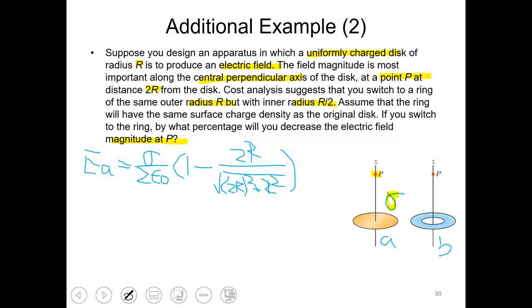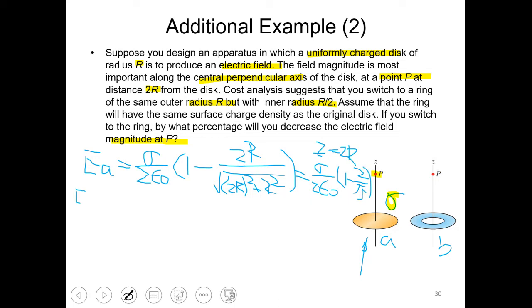So this is the E field generated by the solid disk. We only have Z equals to 2R. So in this case, R and R can be cancelled. So finally, we have sigma over 2 epsilon naught times 1 minus 2 over square root of 5.